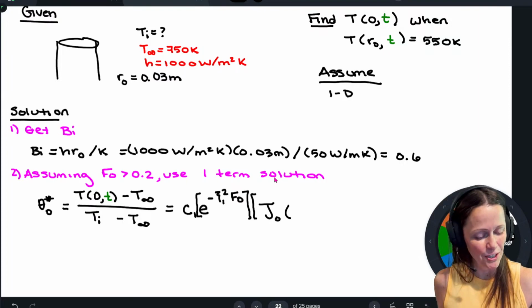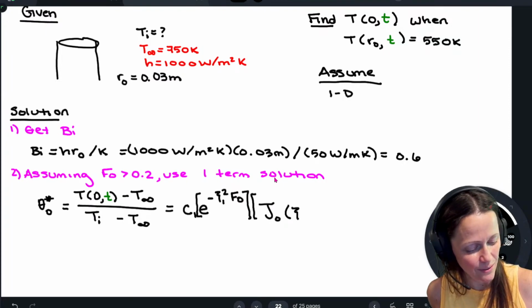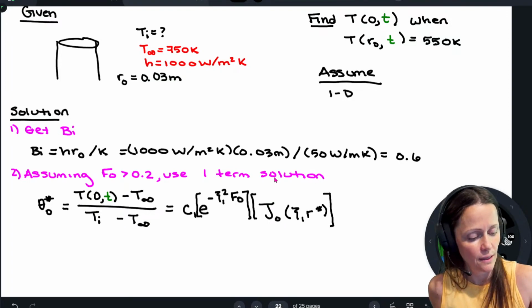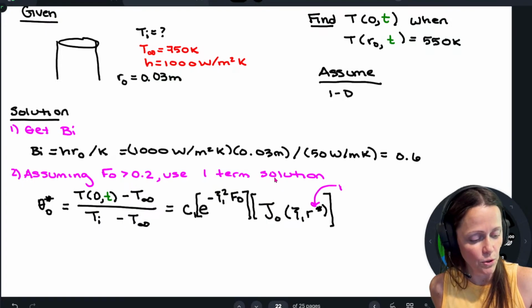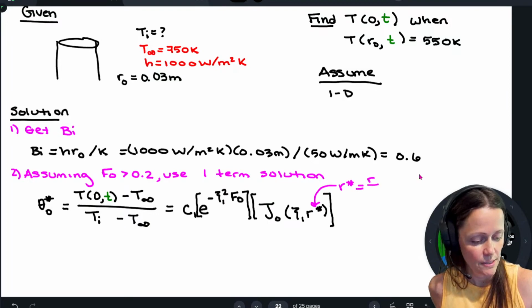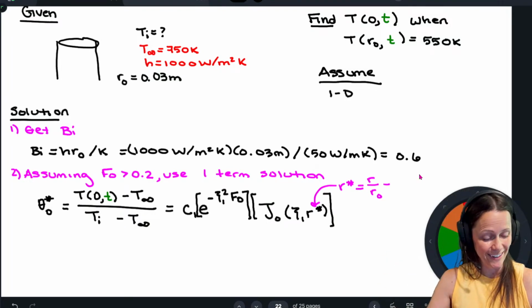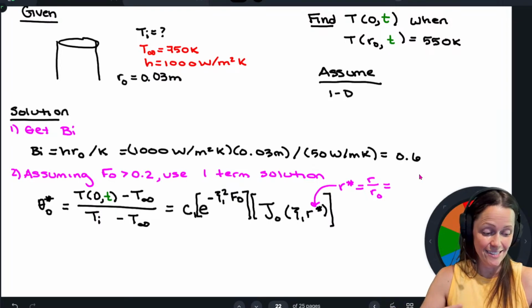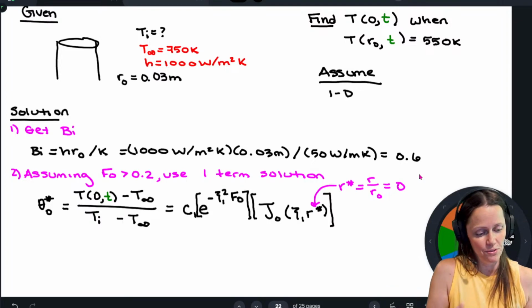And our input is going to be zeta 1 times our r star. But this one is really easy because for that r star, we're looking at things at the center. So this is r over r naught, and again, since we're looking at the center, it's just 0, because r is equal to 0 at the center.